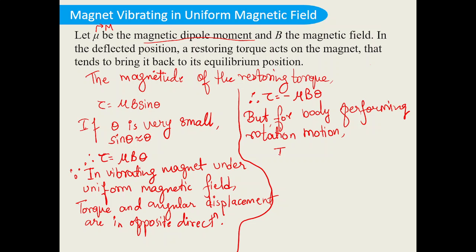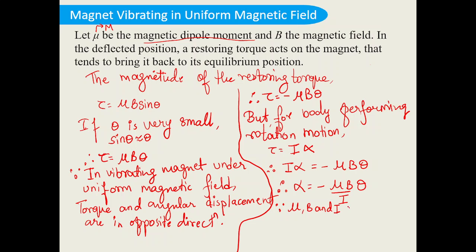Therefore I alpha equals minus mu B theta. So the value of alpha is minus mu B theta divided by I. Since mu, B and I are constant, alpha is directly proportional to minus theta. This is the property of angular SHM.